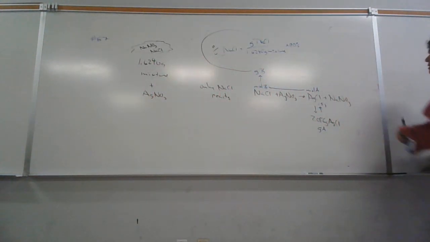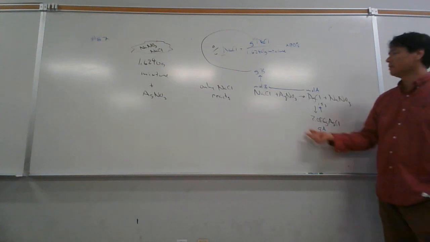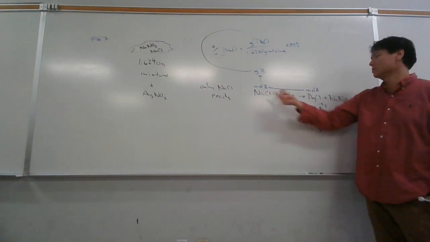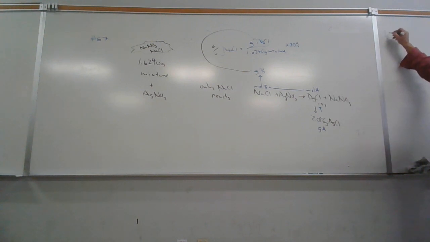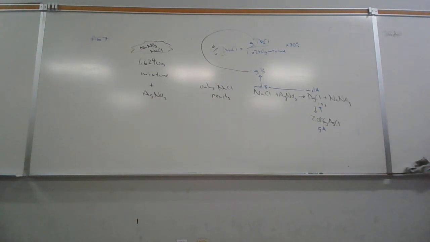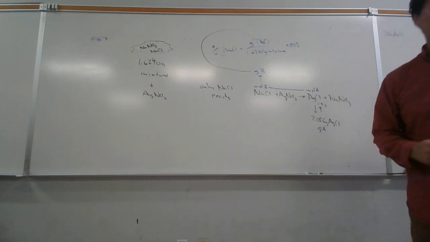All right, so this is a multi-step problem. The first thing is to figure out how many grams of B there are, that is the sodium chloride. So we'll start off with the grams of A here, 2.056 grams of silver chloride, which was produced. And then we're going to go to moles, so I'll need the molar mass of silver chloride.